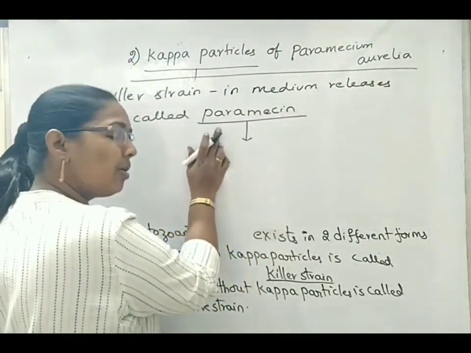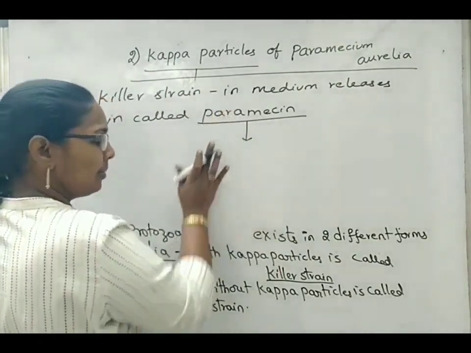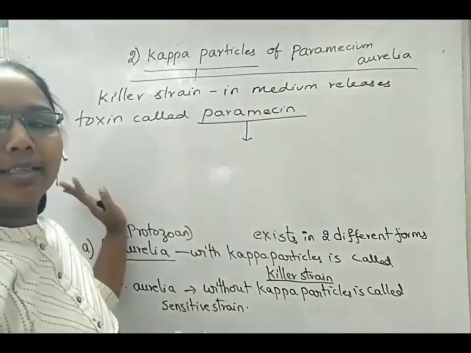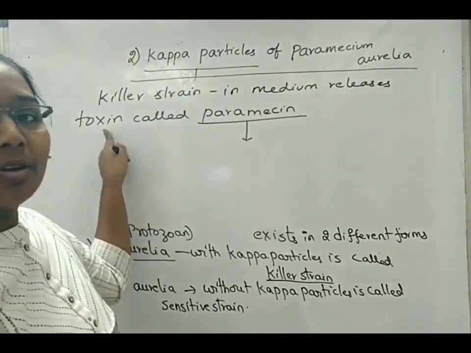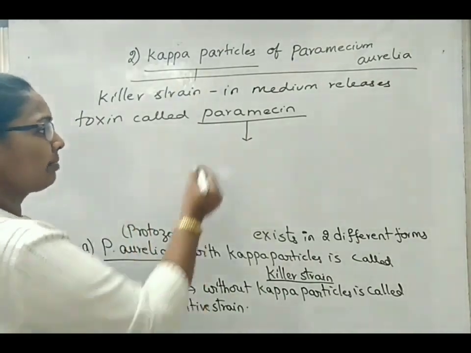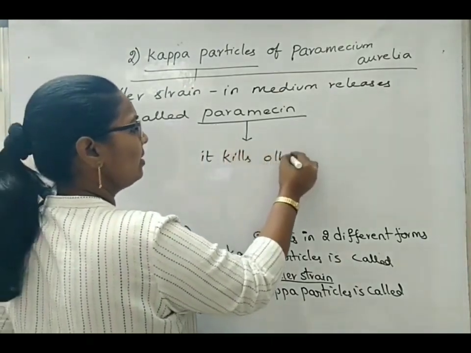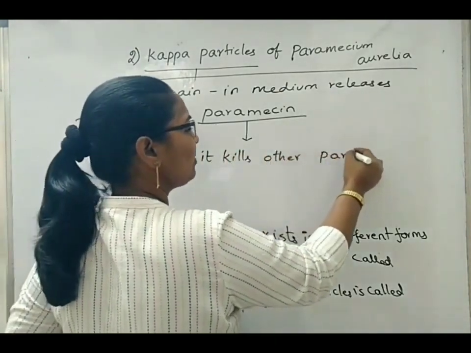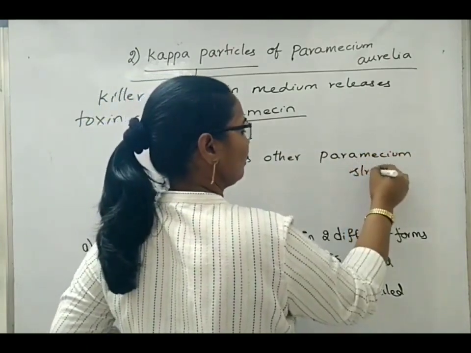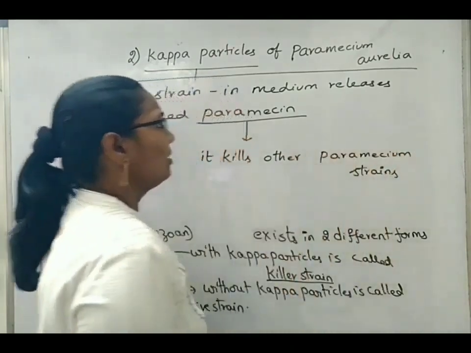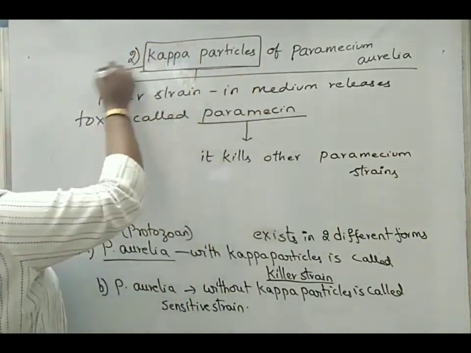It kills all other types of strains other than the killer strains. Whatever Paramecium varieties are there, those are killed by this toxin called paramecin. So, it kills other Paramecium strains. Now, these kappa particles were discovered by Sonneborn.